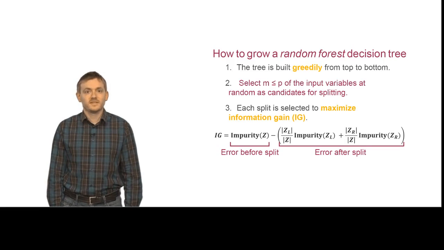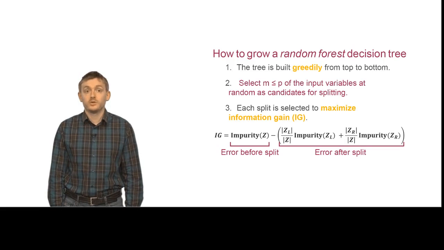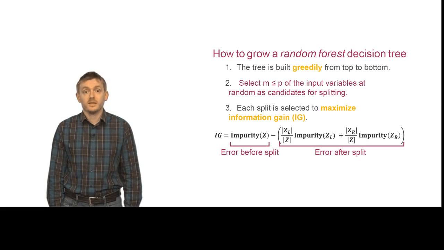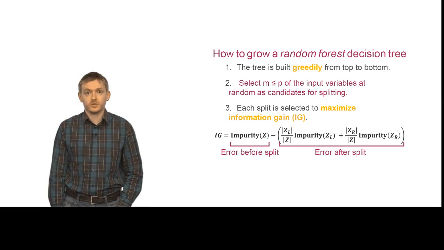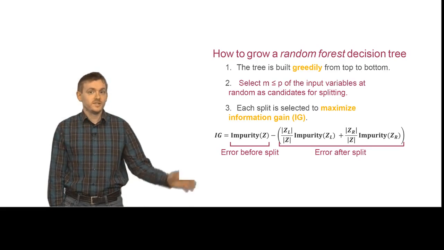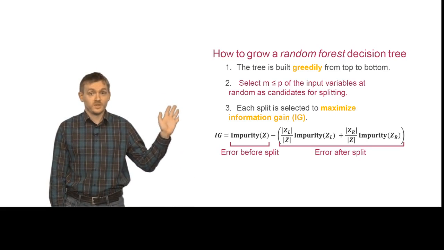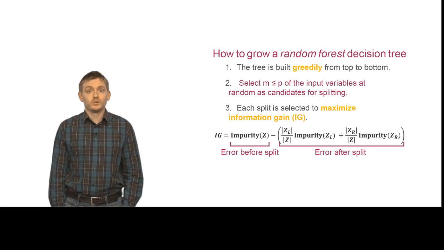I want to emphasize here that the algorithm generates not a regular decision tree, but a decorrelated decision tree. What is a decorrelated decision tree? What is the difference with the regular one? Here is the algorithm from the previous lesson when you learned decision trees, and the only difference is in step number 2.